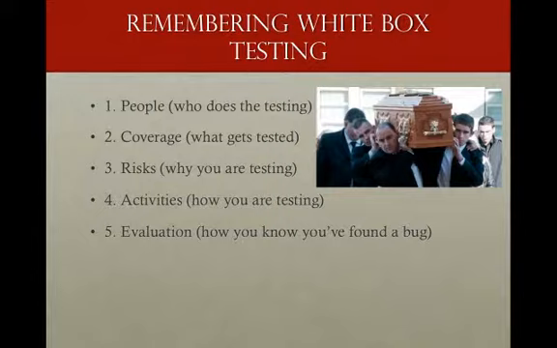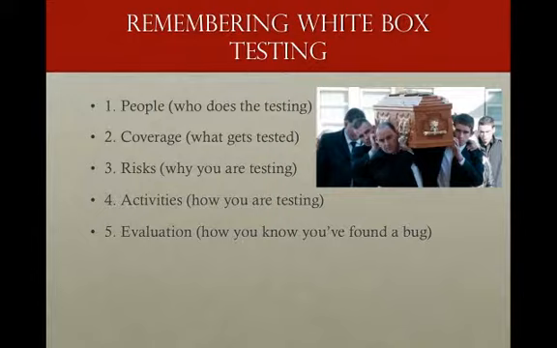Now in remembering white box testing, there's a 5-fold testing system: people, coverage, risks, activities, and finally, evaluation. When we think of this 5-step process, we should ask ourselves questions. So, who does the testing? Think about this: the developers do the testing.